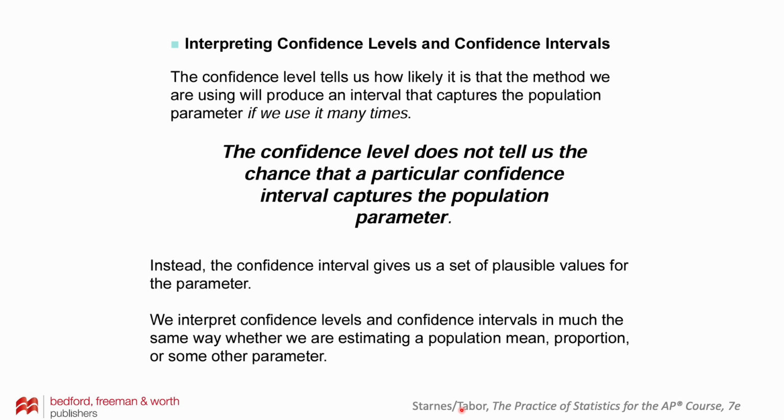The confidence interval gives us a set of plausible values for the parameter, and we interpret confidence levels and confidence intervals in much the same way, whether we're estimating a population mean, proportion, or another parameter. In this unit, we're going to focus on proportion.